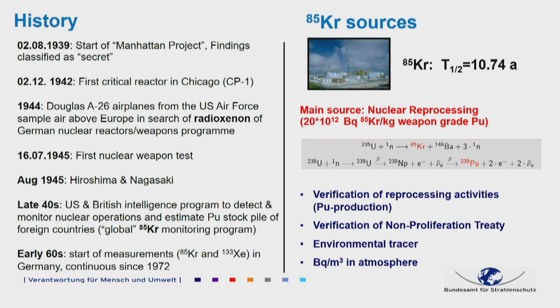It's also very useful as an environmental tracer due to its relatively long half-life of approximately 11 years. So it's used for atmospheric transport model studies and also for groundwater studies, and I'll talk about that a little bit later.